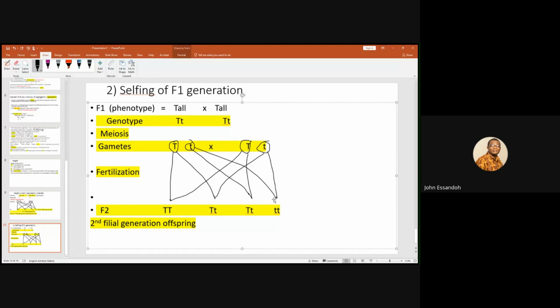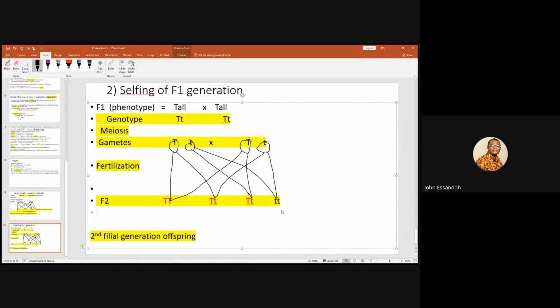Second filial generation offspring. Now look at Mendel. Remember, Mendel didn't know anything here. When Mendel did that, look at his observation. This is what Mendel saw. From here to here, the ones I've highlighted in red, how would they appear to Mendel? Tall. Yes, all of them will be tall.